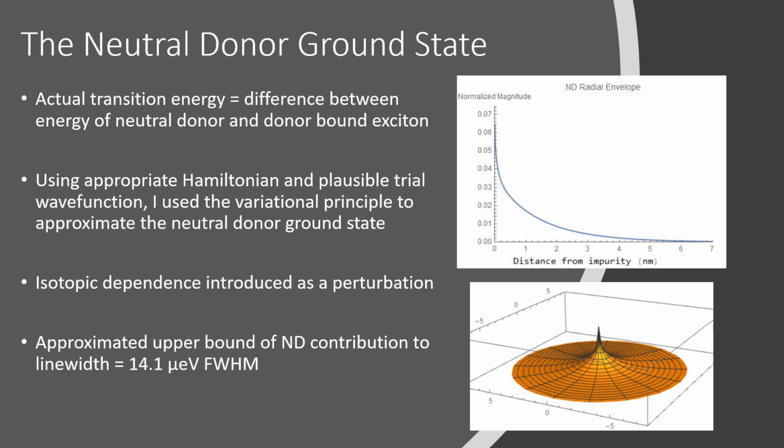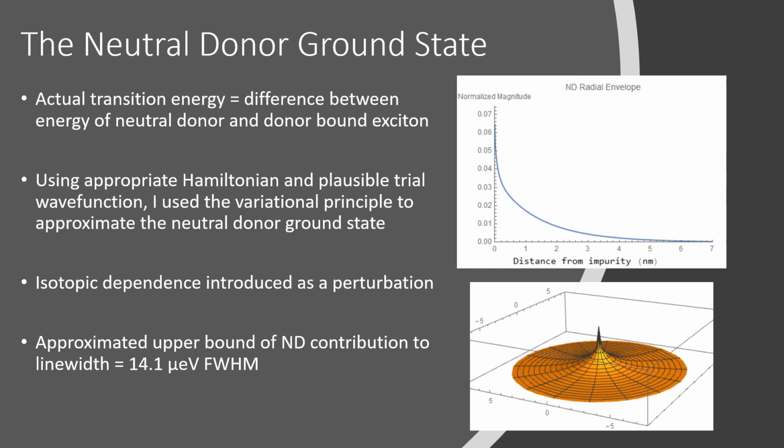Finding the effects on the neutral donor meant modeling the electron's wave function in an isotopically pure environment, then introducing the isotopic effects as a perturbation to the state. To determine this, we found the Hamiltonian for the electron impurity interaction, based on the screened Coulomb potential and central cell correction. Using a plausible trial function and the variational principle, we approximated the electron's wave function.